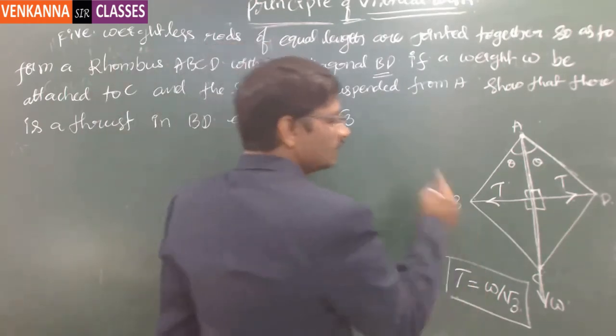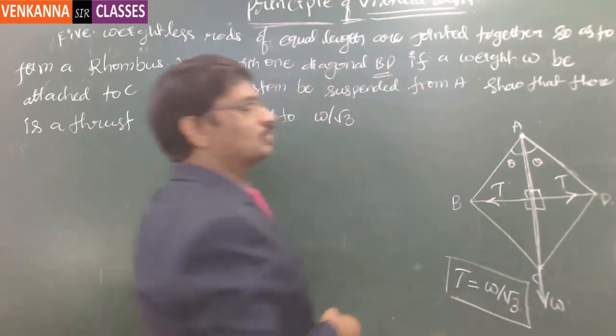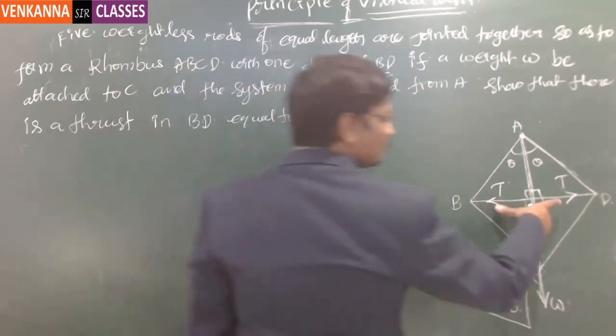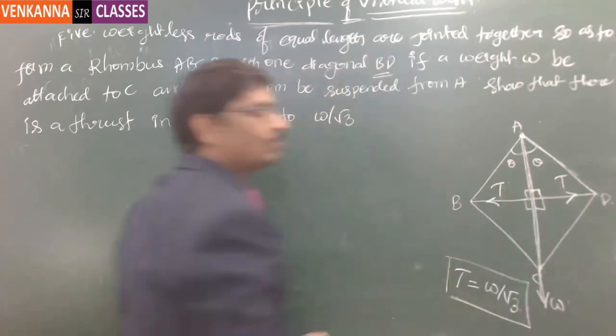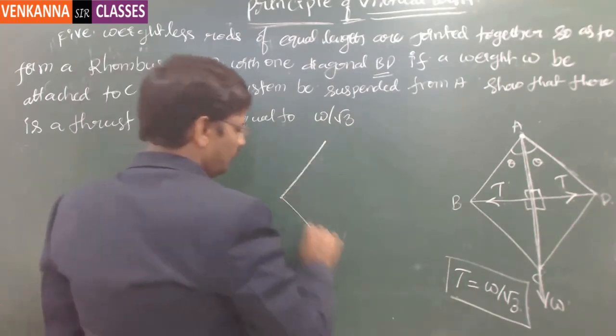Now during that situation, there will be a supporting rod in between these two. What we will do is, first you remove this rod and then replace it with the corresponding thrust at this location. So this is how you can replace it.